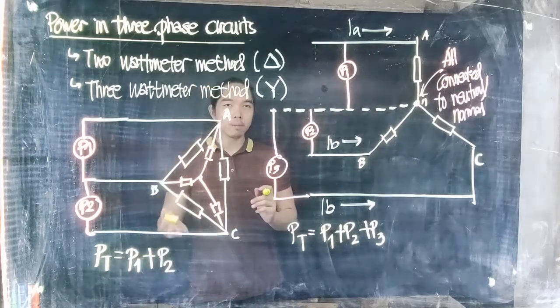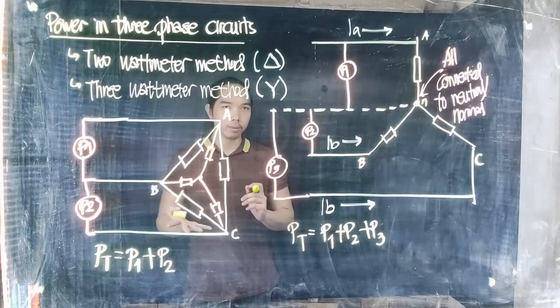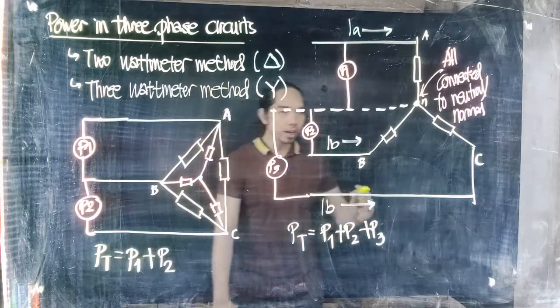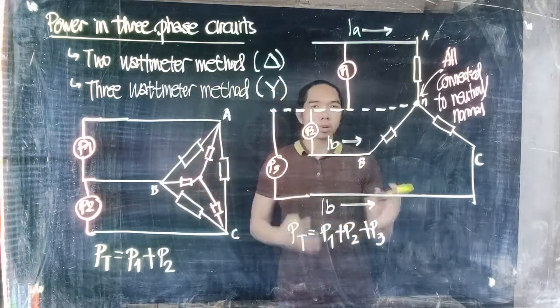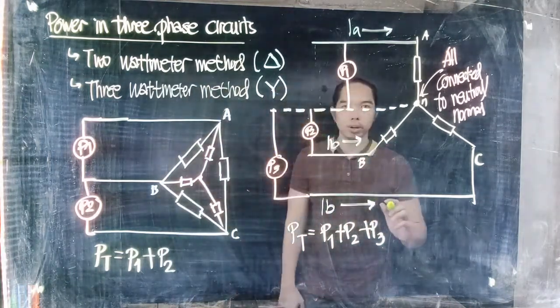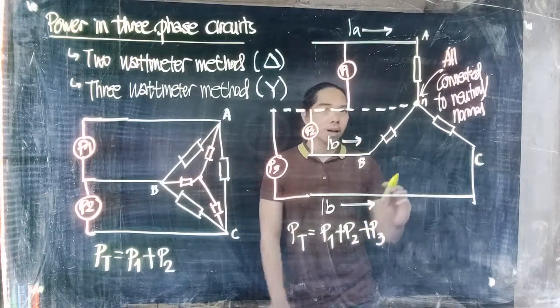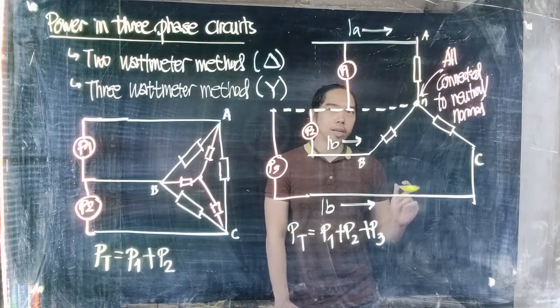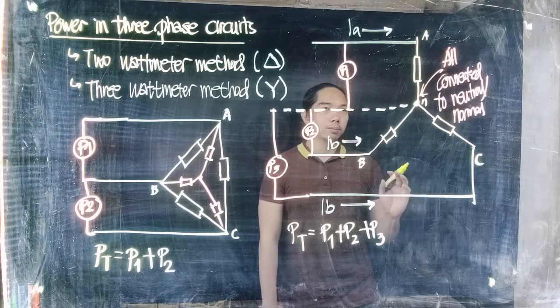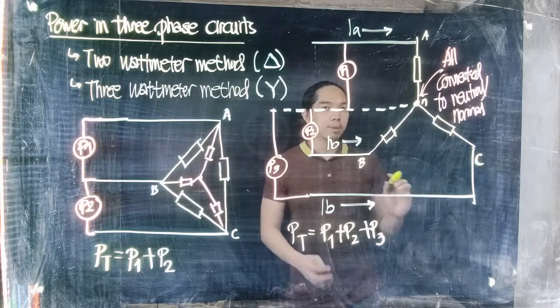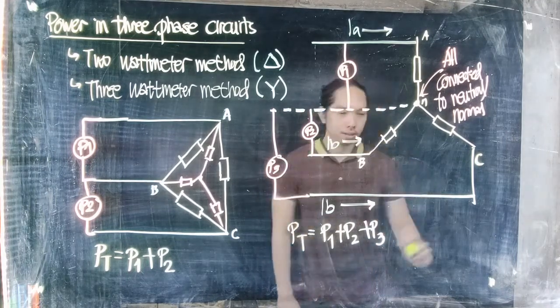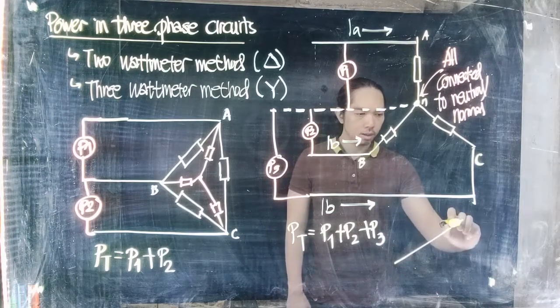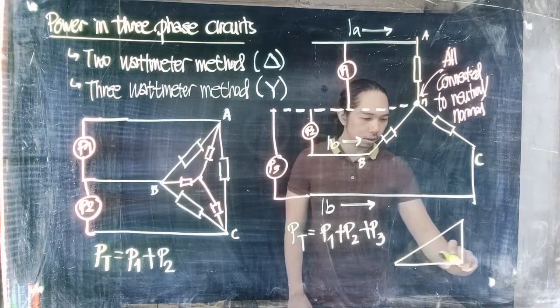Remember, in power, we consider three quantities. If you can still recall the power triangle, I'm going to send you a figure in the group chat so that you can memorize it, understand it, and always remember the power triangle. Suppose this is our triangle.